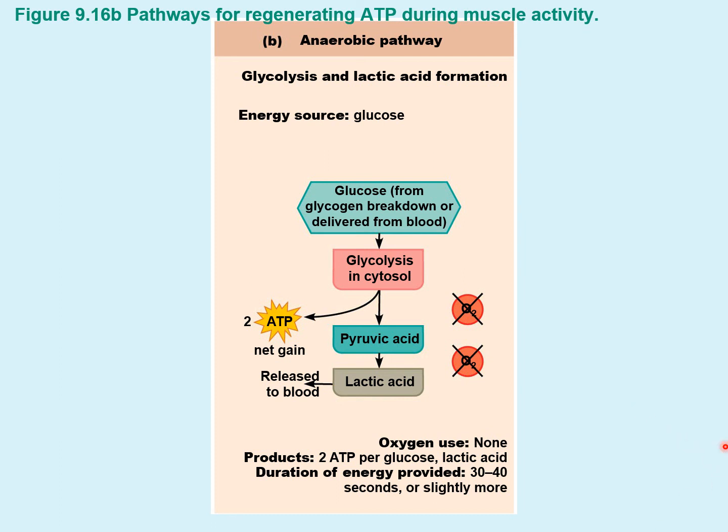Okay, well, the problem with this, it sustains you for a little bit, but not very long. The other problem is the product that you're producing is lactic acid. It is an acid, which means it's going to drop the pH. Your body very closely monitors your pH. Your pH in your blood needs to be between 7.35 and 7.45.